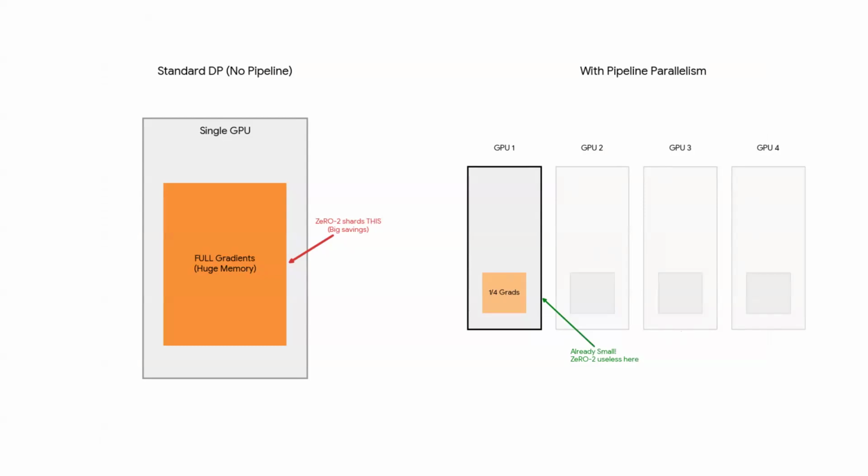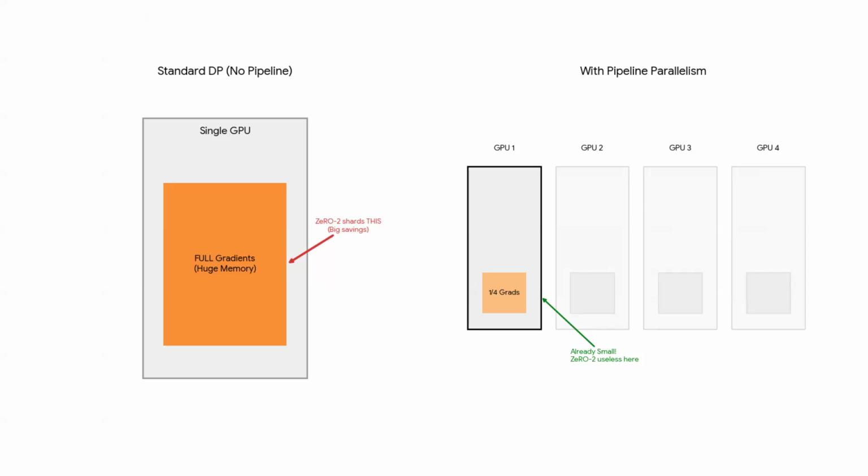Each GPU already stores the gradients only for the layers that it owns, so ZeRO-2 could shard these gradients, but does it make much sense for them to do that? Well, it seems no. So they stick with ZeRO-1 because it's probably a bit less complexity.